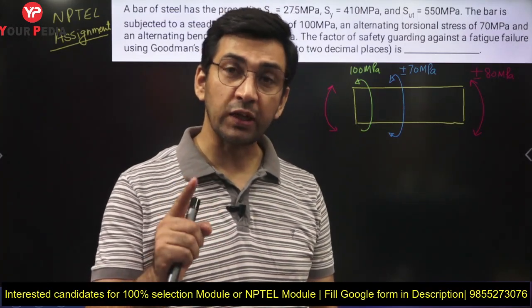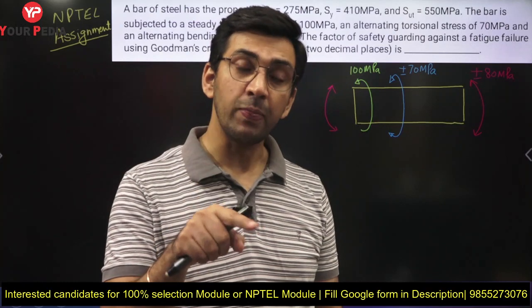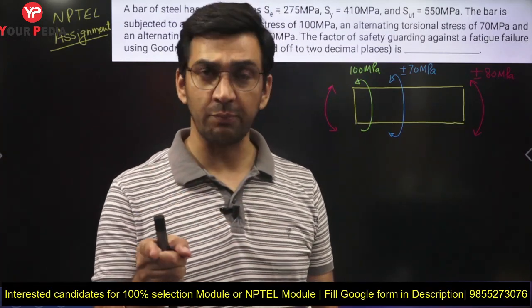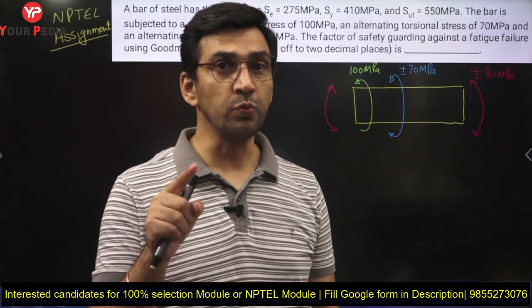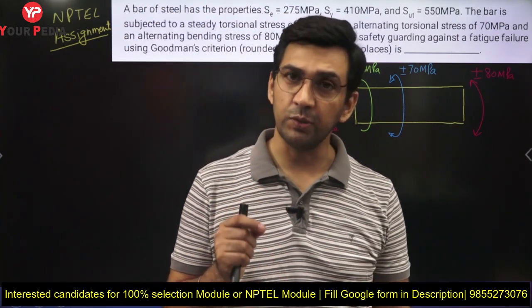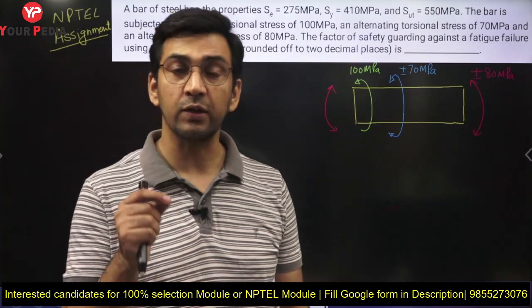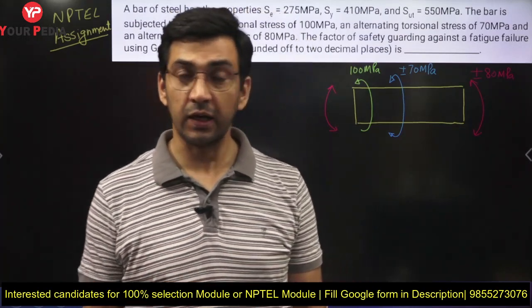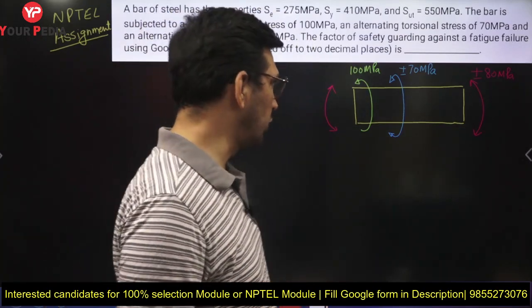But if it is subjected to fluctuating stresses with mean as well as amplitude, you make use of the three most prominent criteria studied in machine design: Soderberg, Goodman's, and Gerber criteria. He is asking us to use Goodman's criteria.